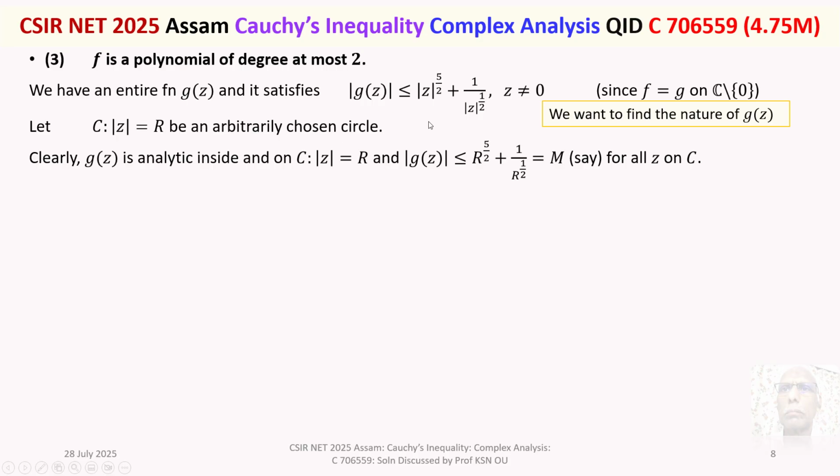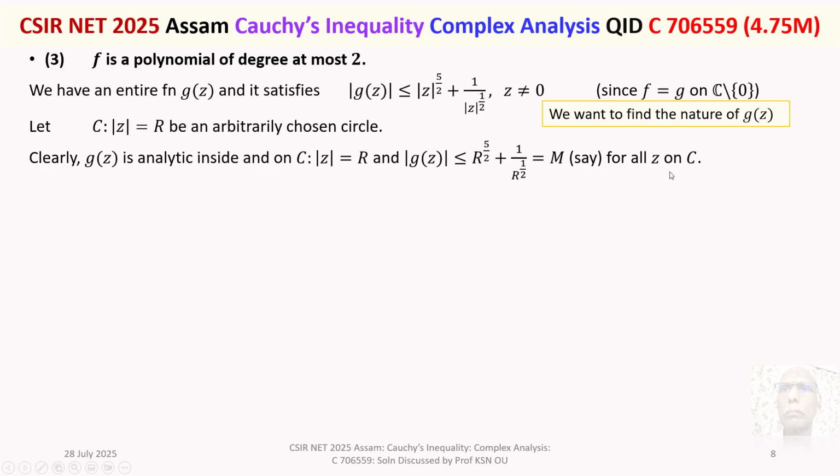What happens to this inequality on mod z equal to R? Then mod of g of z is less than or equal to R to the power of 5 by 2 plus 1 by R to the power of 1 by 2. Let's call this R to the power of 5 by 2 plus 1 by R to the power of 1 by 2 as M, say.